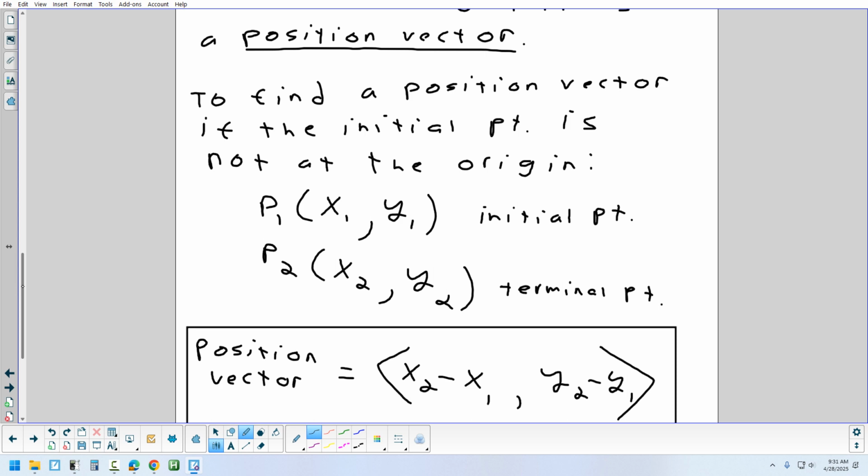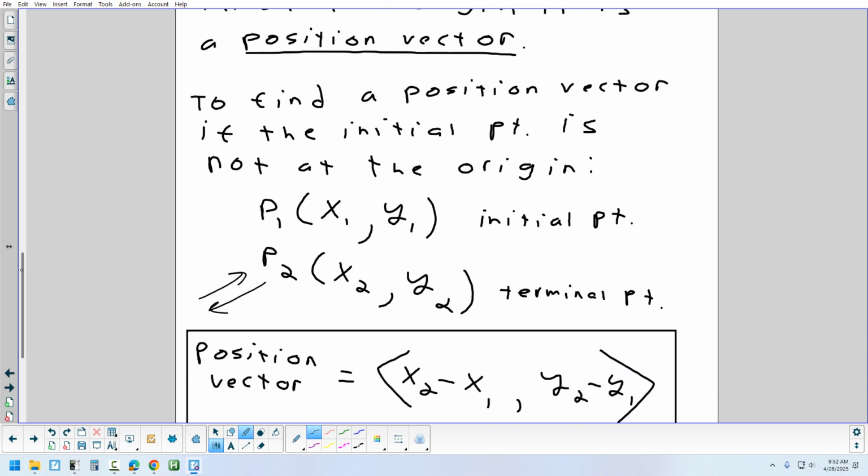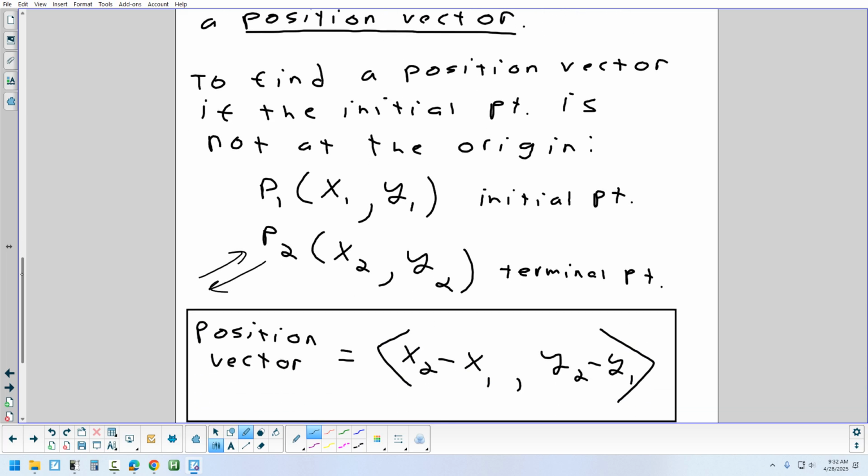When you subtract, would it matter if I do it the other way around? Yeah. If you do it the wrong way, you're going to get a vector that points the opposite of what you want. So instead of getting this answer, you're going to get that answer. It'll be backwards. Okay, so to find a position vector, the first thing you need is the initial point and the terminal point, and you subtract them.